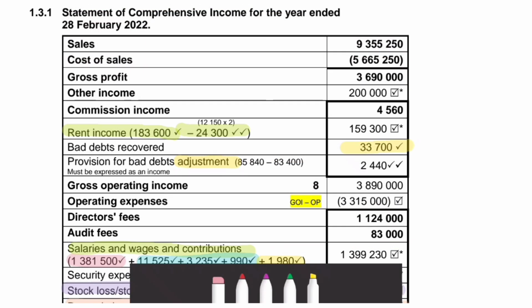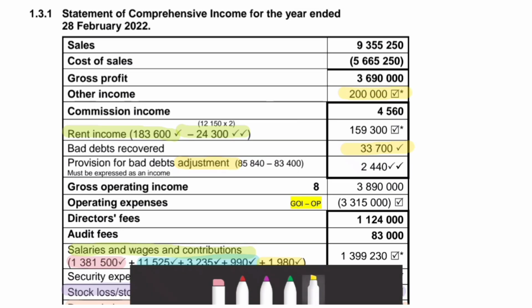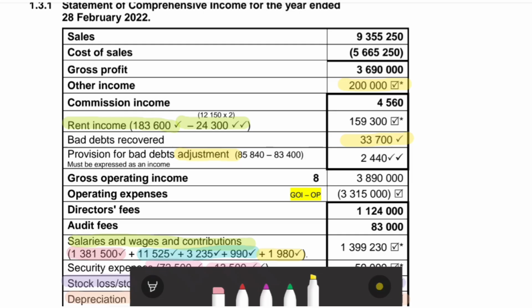The last bits of work that we need to do is work out our totals. We have other income in the business, and you add that to your gross profit to arrive at the gross operating income. So how we got here would be this plus this one. So we're looking at the sum of these two. This should give you this one.